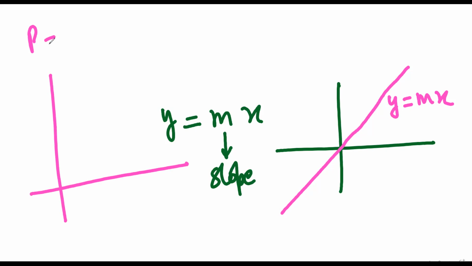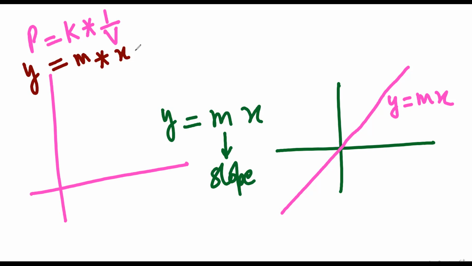Pressure is equal to constant into 1 upon V. The law remains the same. I'll do a small manipulation. I'll say this is my y, this is my m, and this 1 upon V is my x. Have you understood what I've done?